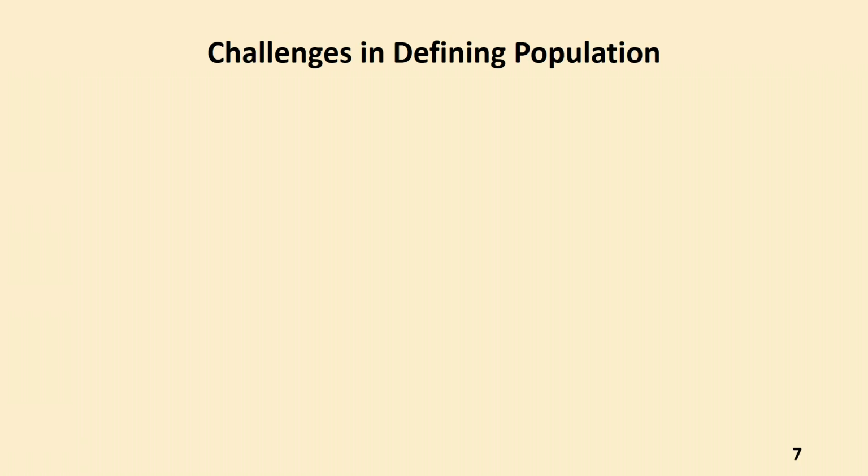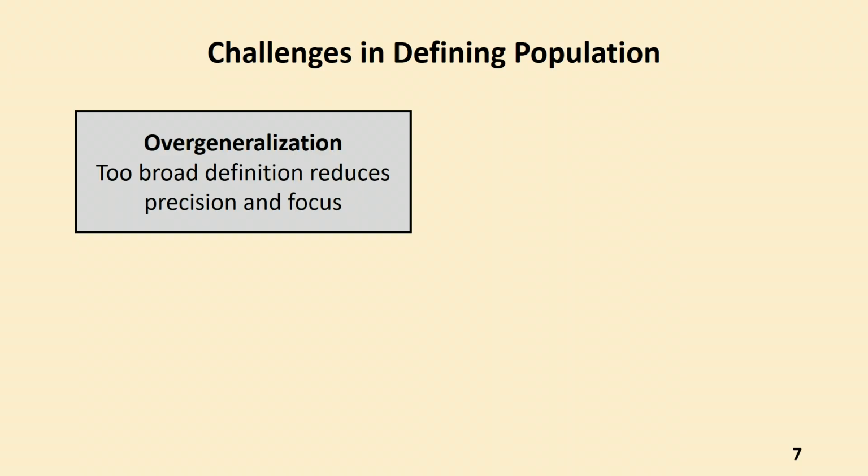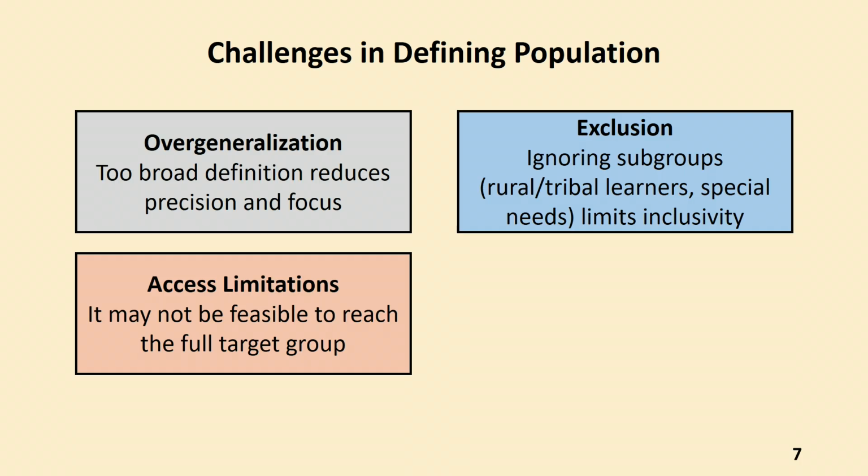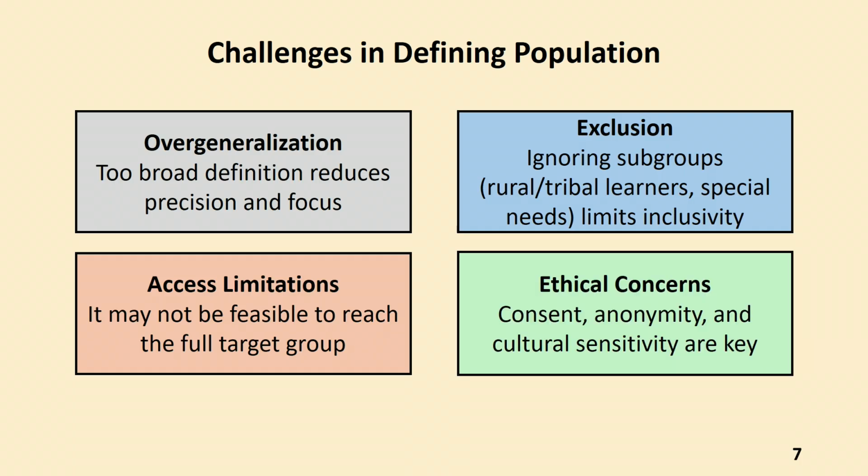Challenges in defining population: overgeneralization, exclusion, access limitation, and ethical concerns. To select population as well as sample, there are certain issues and challenges that a researcher faces while making it possible to collect data or whatever you are going to do in your research.